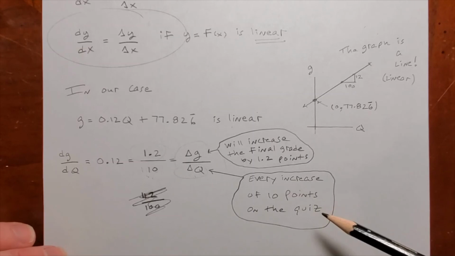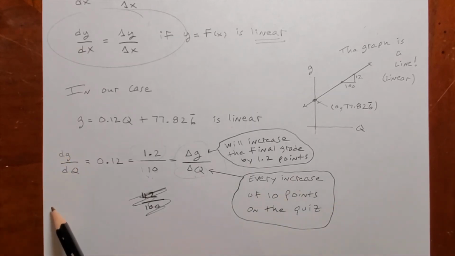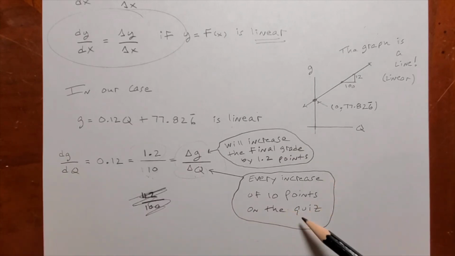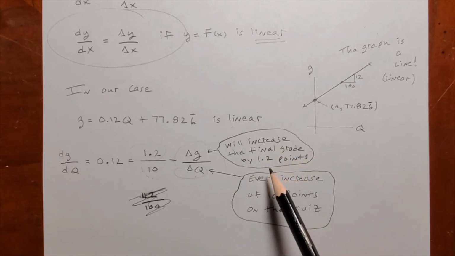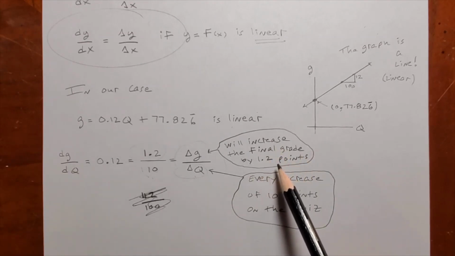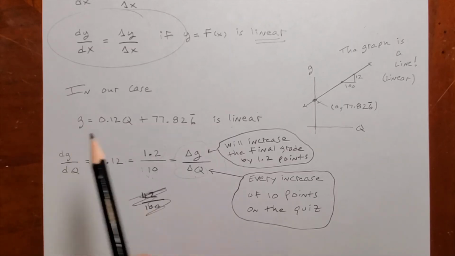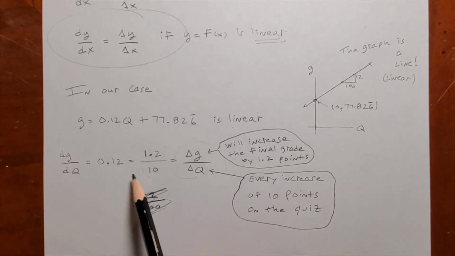When I say this, I'm not saying any particular quiz grade gives you any particular overall grade in the class. I'm saying every increase of 10 points on the quiz will cause an increase in the final grade by 1.2 points. Getting a higher quiz score means getting a higher overall grade in this ratio or any ratio that's equal to that.